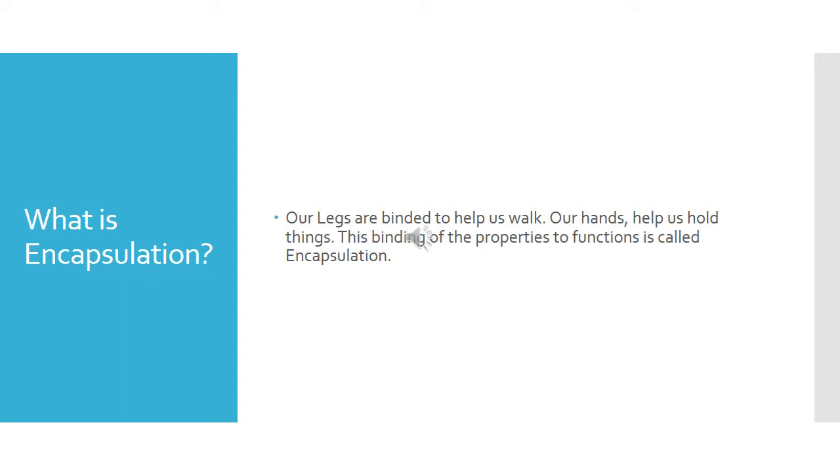So encapsulation binds together data and its properties into a single block. An example is your body binding the organs and their functionality inside into a single block with the help of your skin. So that is called encapsulation.